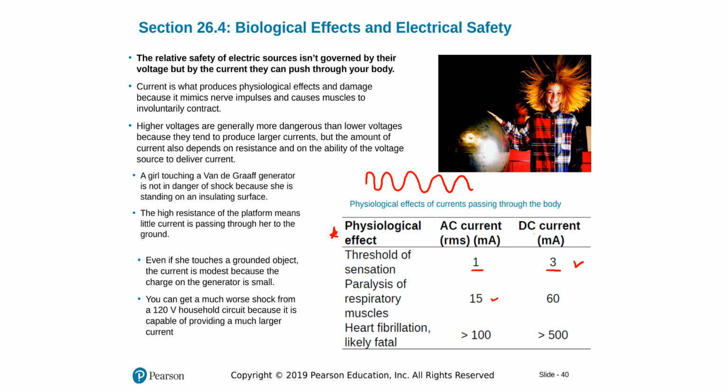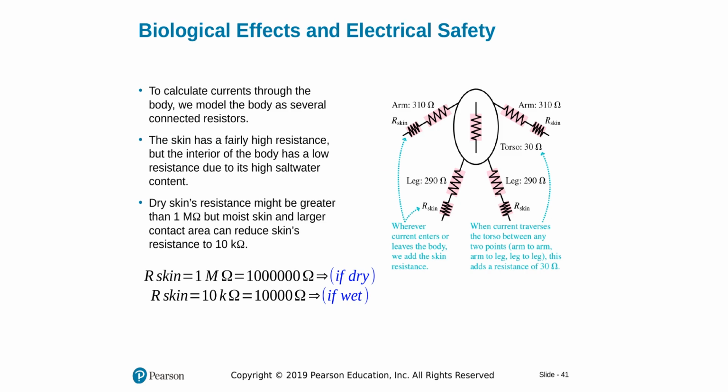Paralysis of respiratory muscles happens at 15 milliampere for AC, 60 for DC, quite a large difference. And heart fibrillation, a fatal effect, starts at larger than 100 milliamp for AC and 500 milliamp for DC.